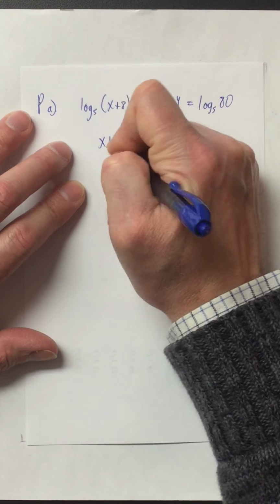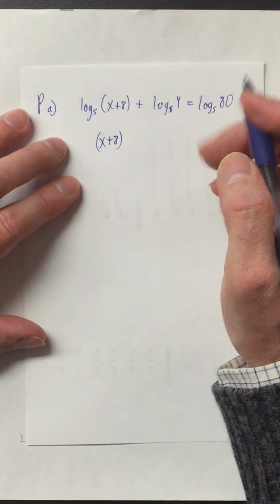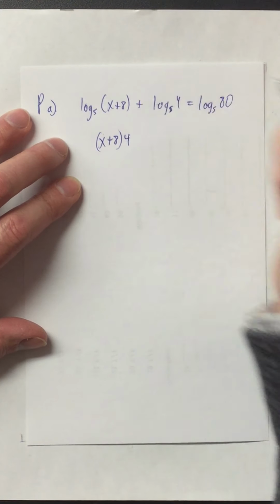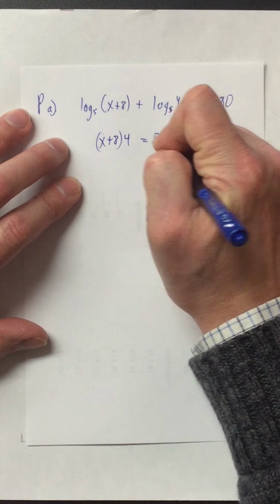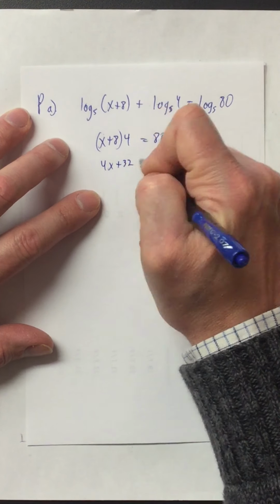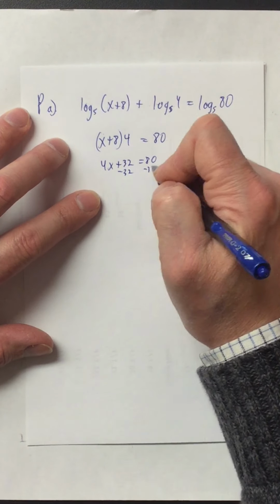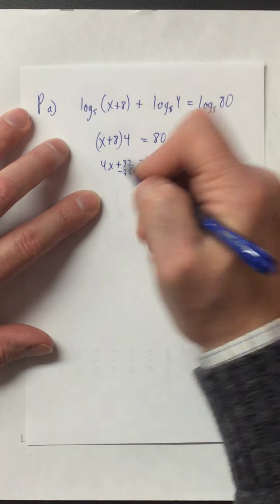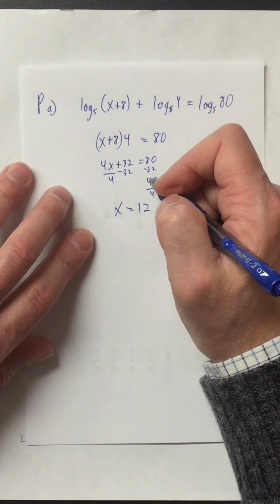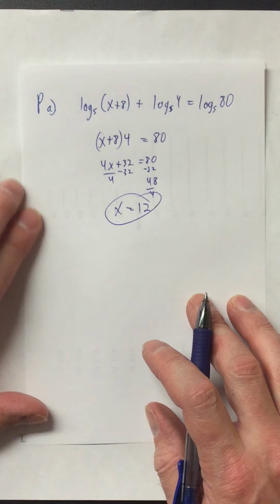We're left with x plus 8, and since we're adding logs, we're actually multiplying, so we write that as multiplication, and that's equal to 80. So we get 4x plus 32 equals 80, minus 32 on both sides. 48 divided by 4, x is going to be equal to 12. And there is A.